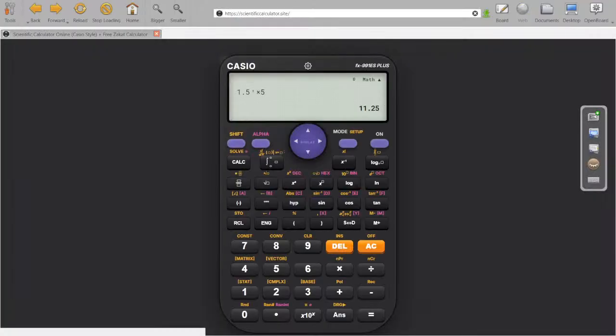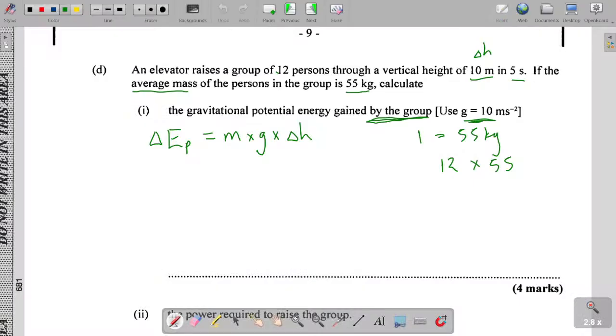And 12 times 55 is equal to 660 kilograms.